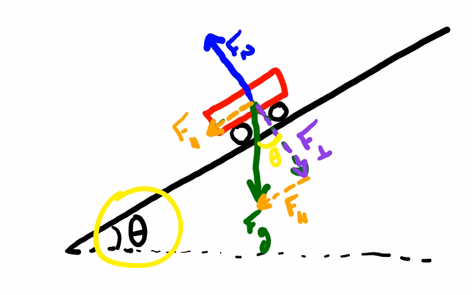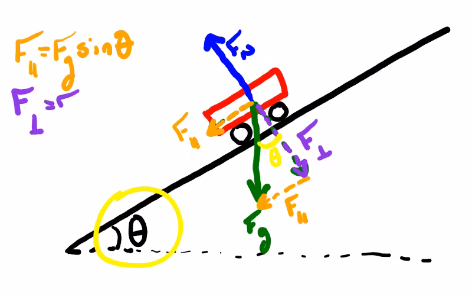The perpendicular is adjacent, so I'm going to write these out. F parallel would be the force of gravity times the sine of my angle, and F perpendicular would be the force of gravity times the cosine of theta.